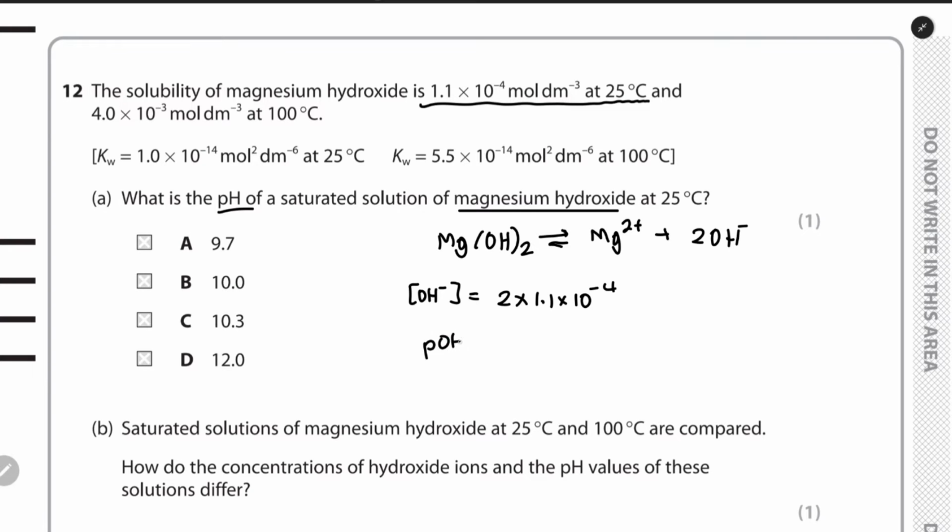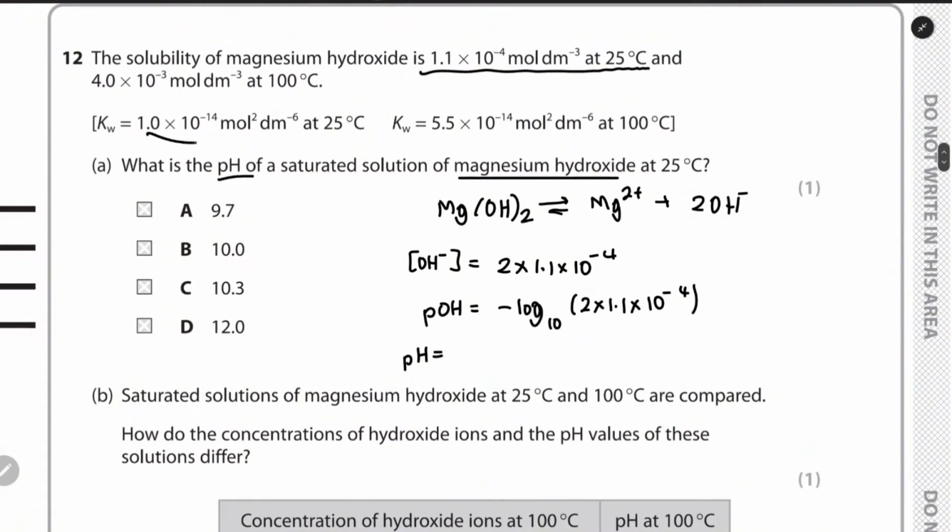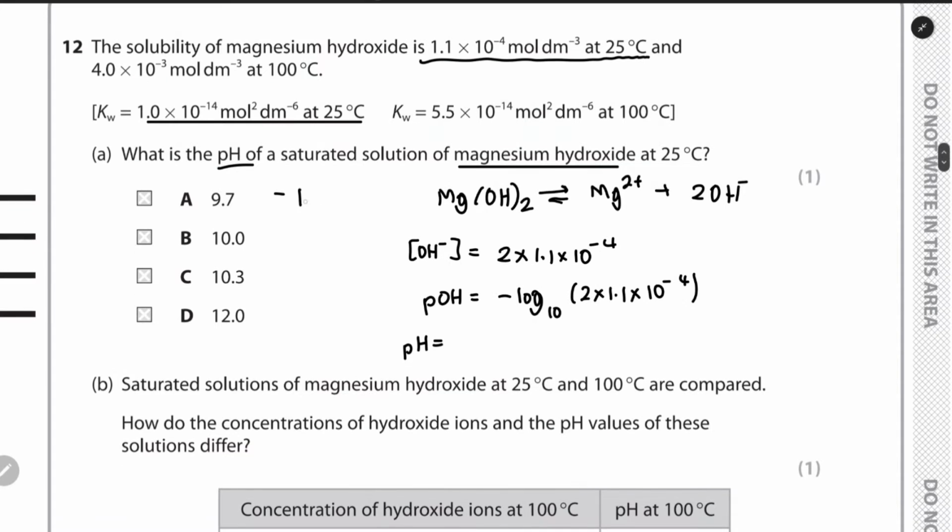Now using this, I'll find the pOH. This is minus log base 10, 2 into 1.1 into 10 to the power minus 4. From here, the pH will be the pKw minus the pOH. The pKw value at 25 degrees Celsius is 14, since minus log base 10 of 1.0 into 10 to the power minus 14 is basically 14.